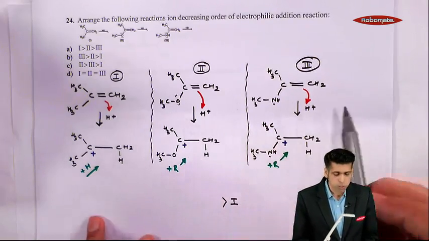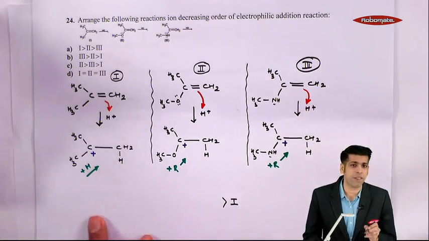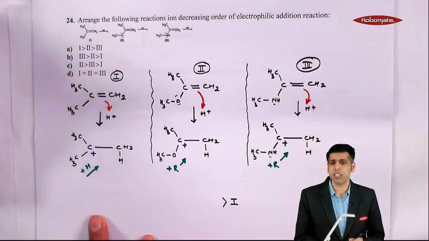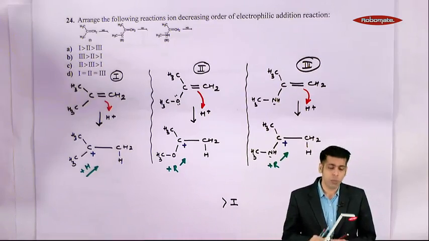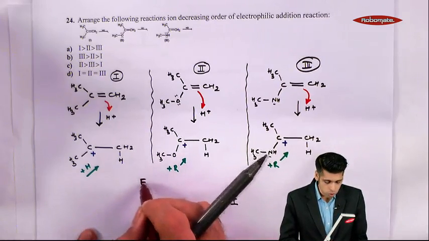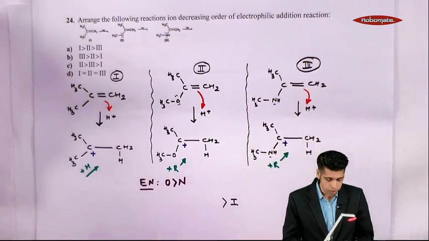Now amongst 2 and 3, we need to check who would exert a greater plus R effect, for which we see the electronegativity, students. And I am sure everybody knows that from the electronegativity point of view, oxygen is more electronegative than nitrogen.